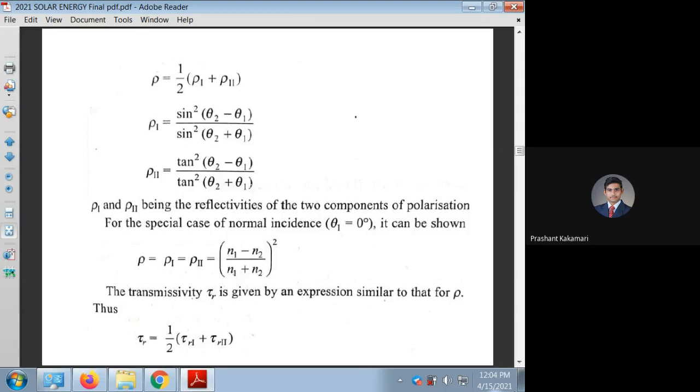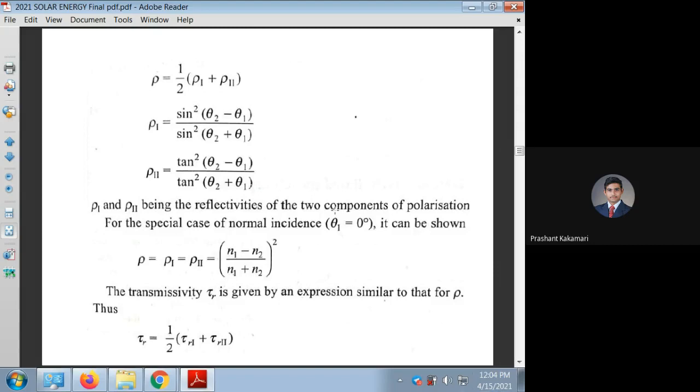Rho is denoted as reflectivity. I am discussing the atmosphere, which is one medium, and one more is the glass medium, that is rho 2. So considering only one glass cover, I can take rho 1 as the reflectivity factor of the atmosphere and rho 2 as the reflectivity factor of the component in glass.